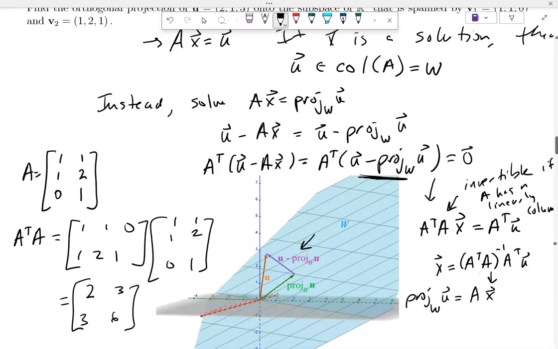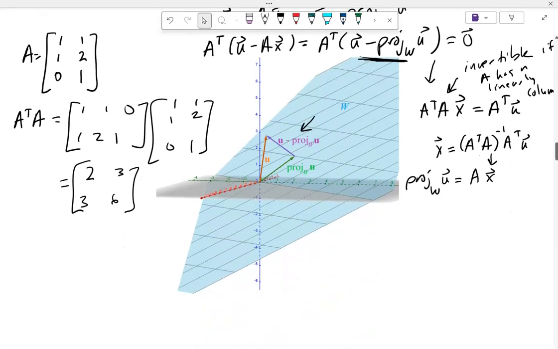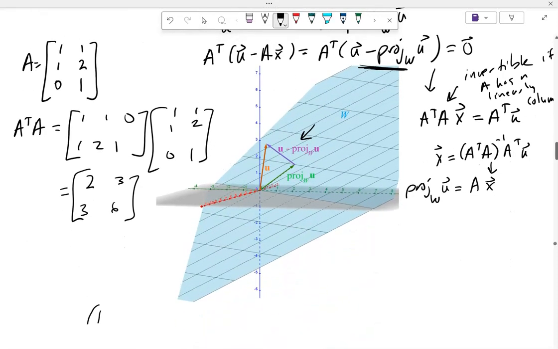Now you do A transpose A inverse. That's the next step, looking at my formula over here. How do we do the inverse of a 2 by 2? The AD minus BC, 18 minus 9, will give me 1/9.